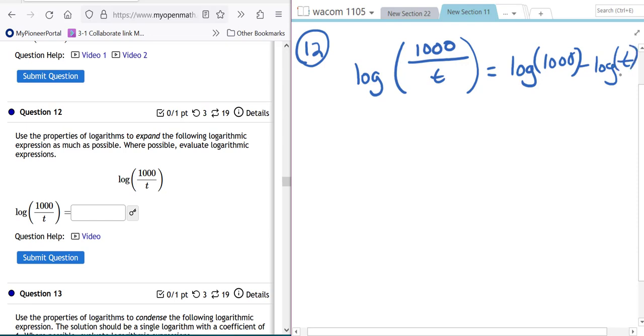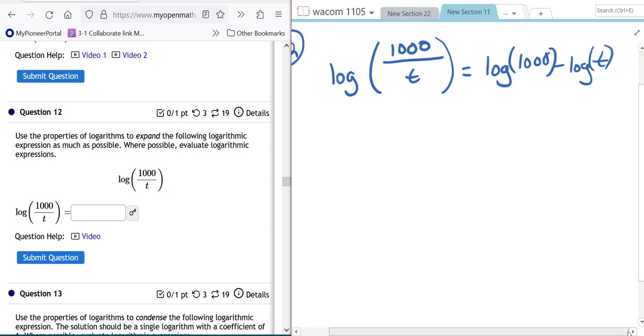And then you have to clean up any that will. And this log of 1,000 will clean up because your base on this common log is 10. So I'm going to slide this a little bit. I like to keep the equals lined up, but I didn't space it good. So if we write this as log base 10, just so we have the 10 in our mind, this is 10 to the third.